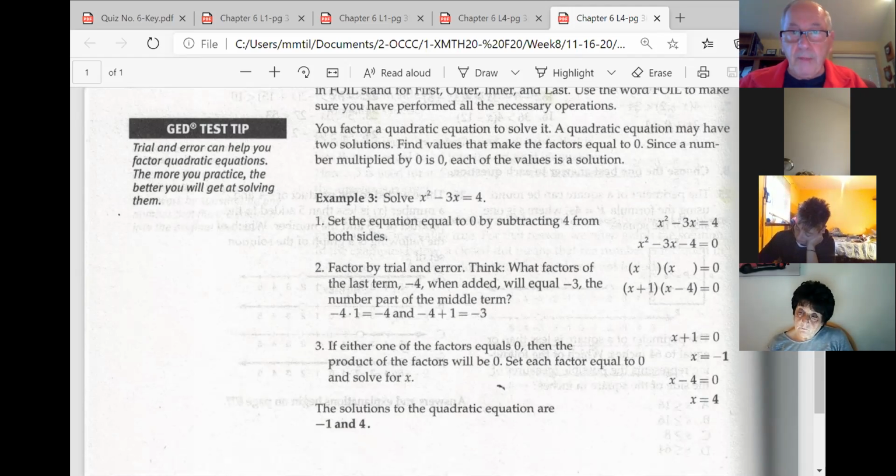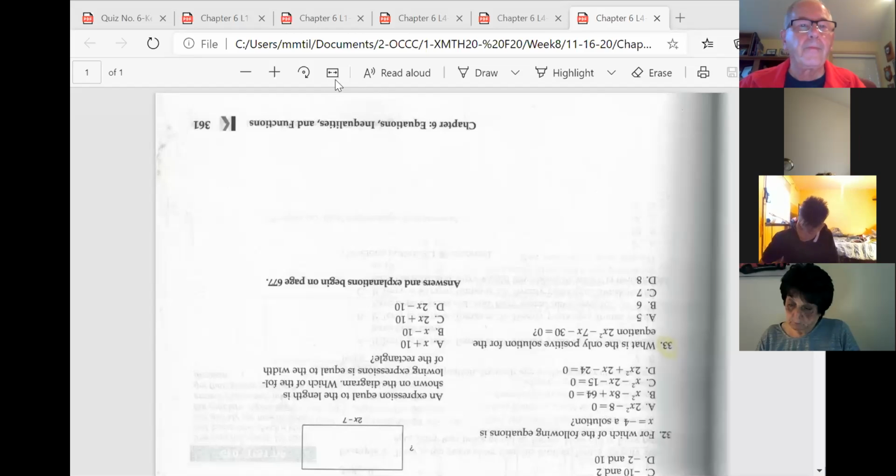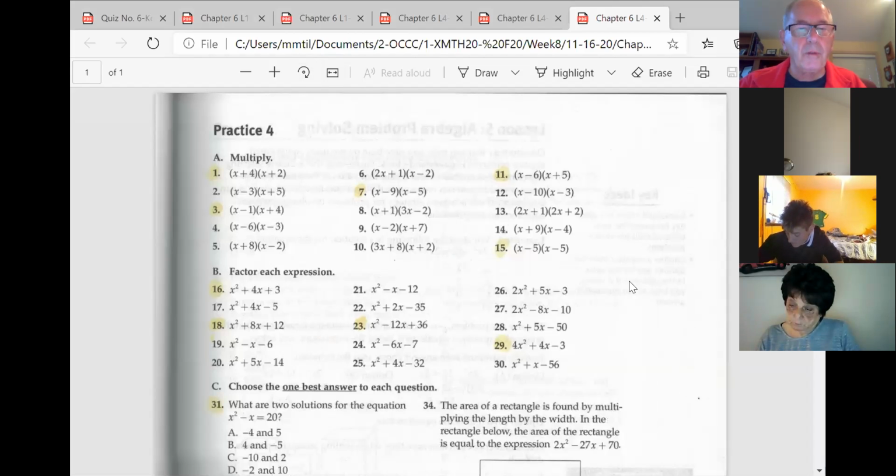Excuse me. Yes. So I'm going to stop sharing that. We're going on to the next page and look at some of the problems. There's only 4 pages on this exercise, but 3 of those pages are really important. Okay. Here's practice 4 for lesson 4.